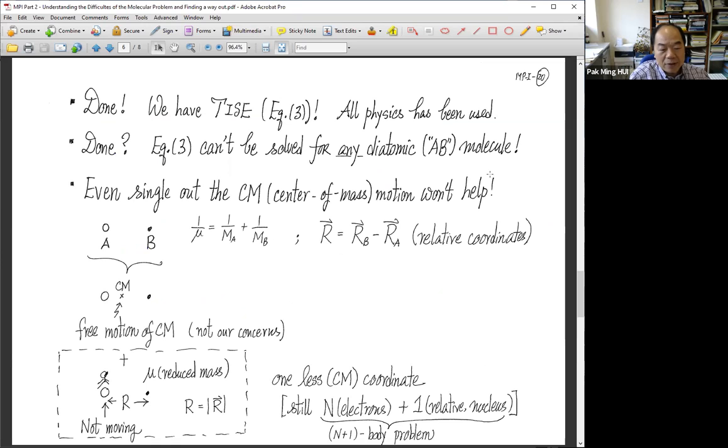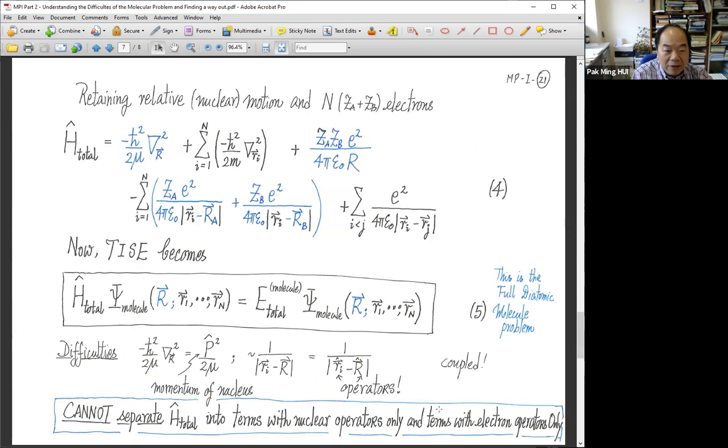For this nuclei part, you may do a reduced mass and a relative coordinate. You throw away the freely moving center of mass, and then you have one fewer variable. So you reduce it from n plus 2 to n plus 1. Congratulations.